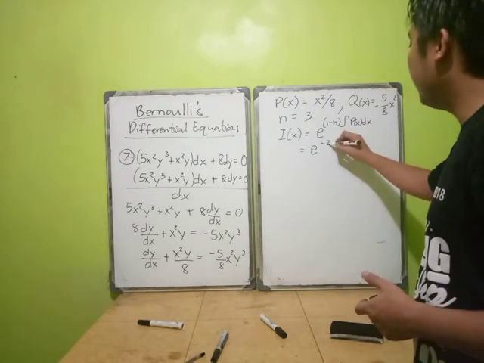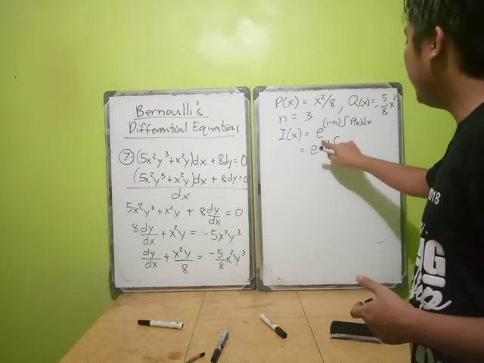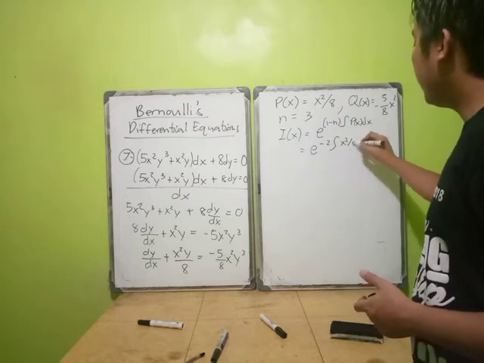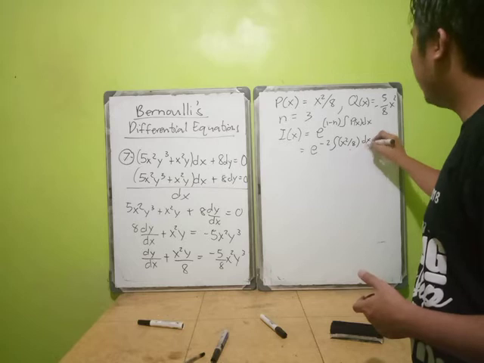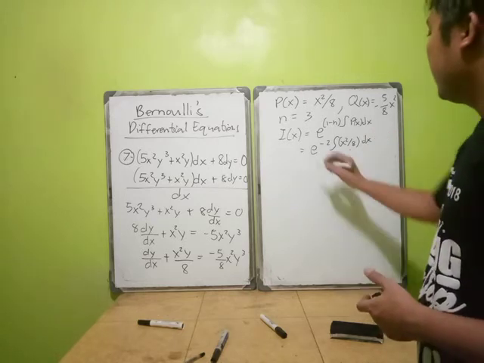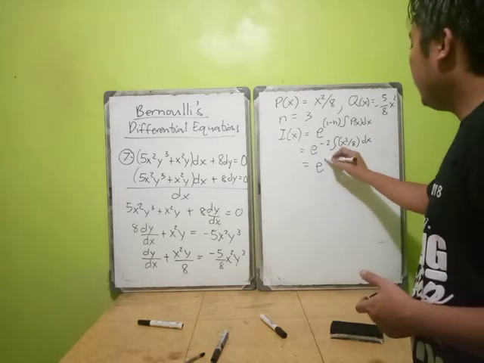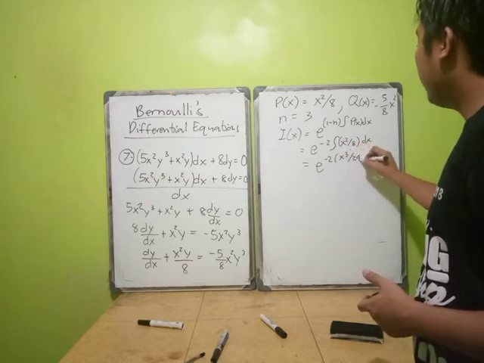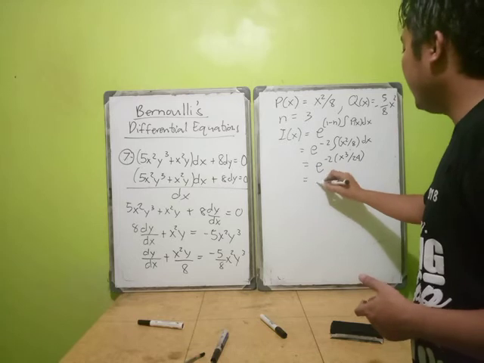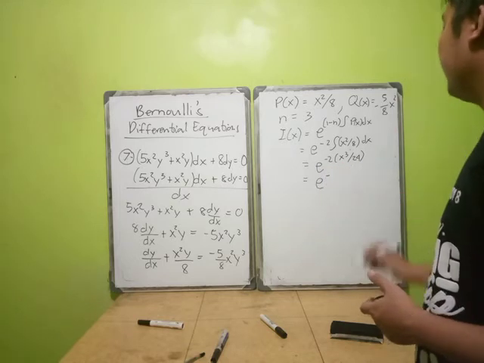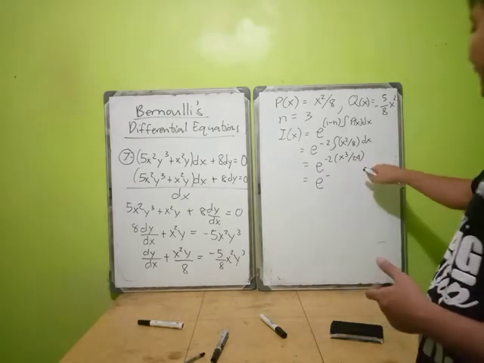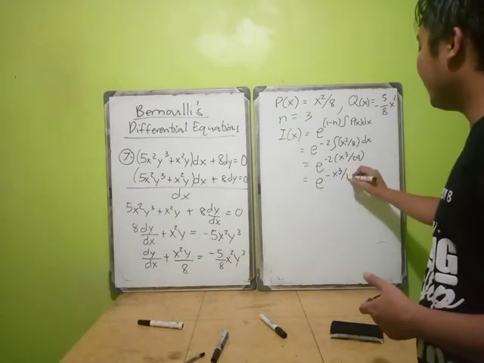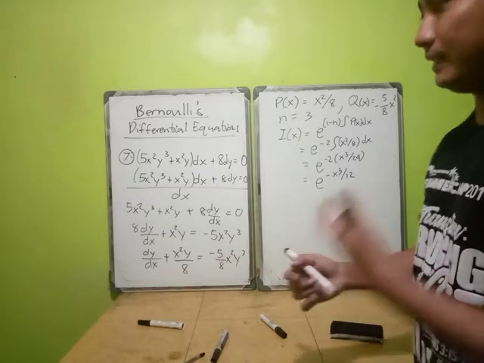So, magiging negative 2 to siya. And then, yung px natin is si x squared over 8 dx. So, magiging ano siya? Magiging e to the negative 2 x cubed over 24. So, magiging e to the negative, okay, multiply natin, magiging x cubed over 12. So, ito yung Ix natin.